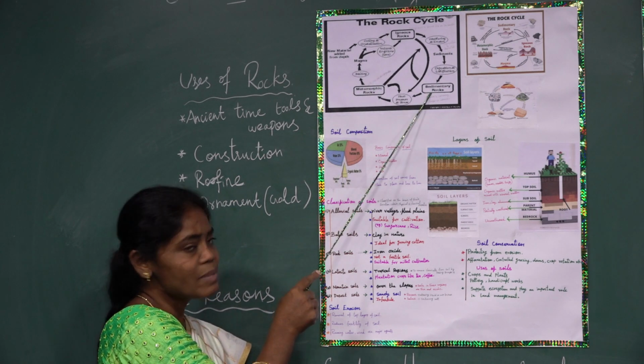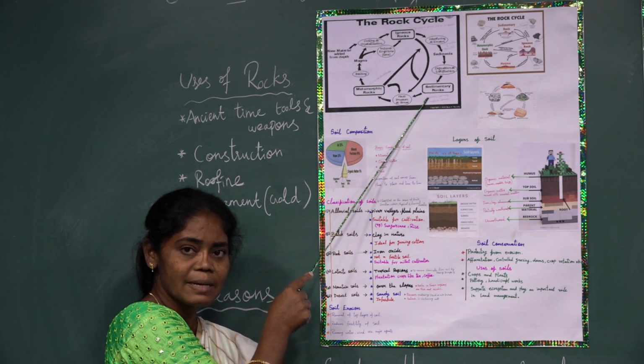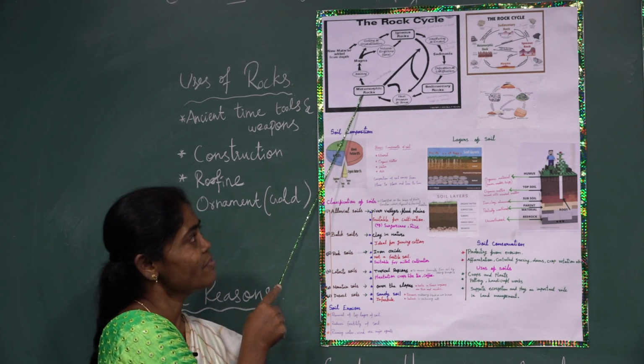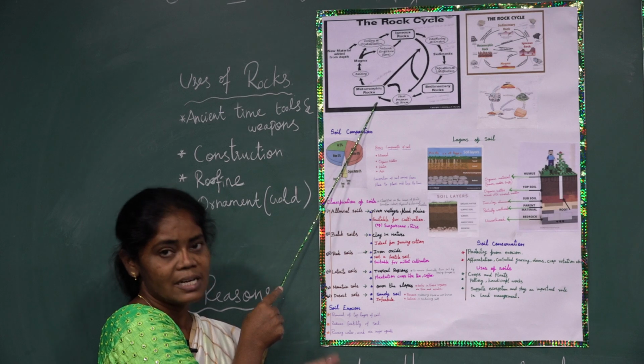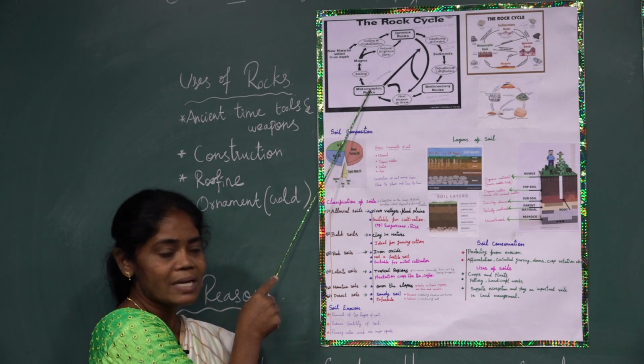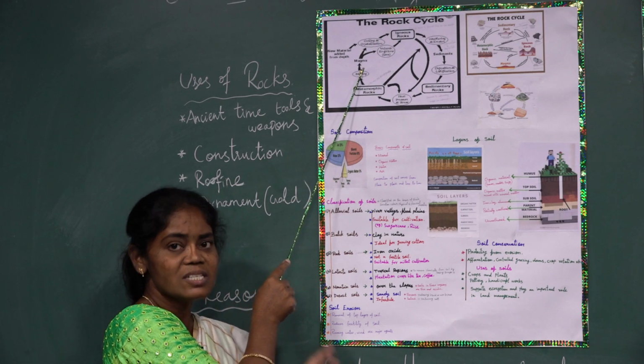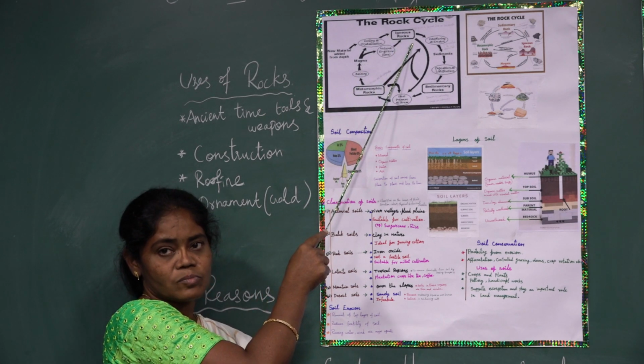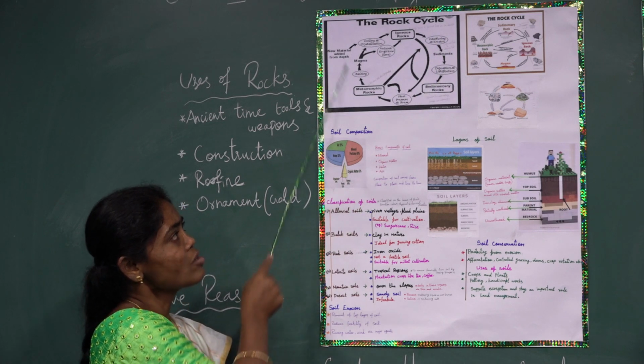This igneous and sedimentary rock, due to high pressure and temperature, forms a new rock, metamorphic, and this metamorphic also disintegrates and becomes molten magma. This magma comes out and cools, and forms an igneous rock. So this is the rock cycle.